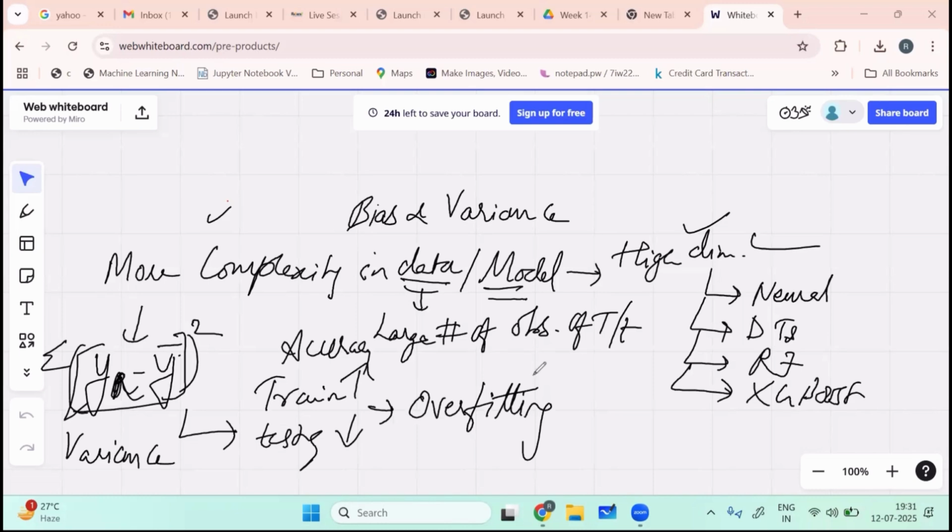Why it is happening, what are the aftermath and the reasons behind that? Whenever the data or a model has large complexities, the y actual and y average part would be high, and the training accuracy would be high. Testing accuracies could be low because we don't have that many records or dimensions in the testing data, and therefore this leads to overfitting.